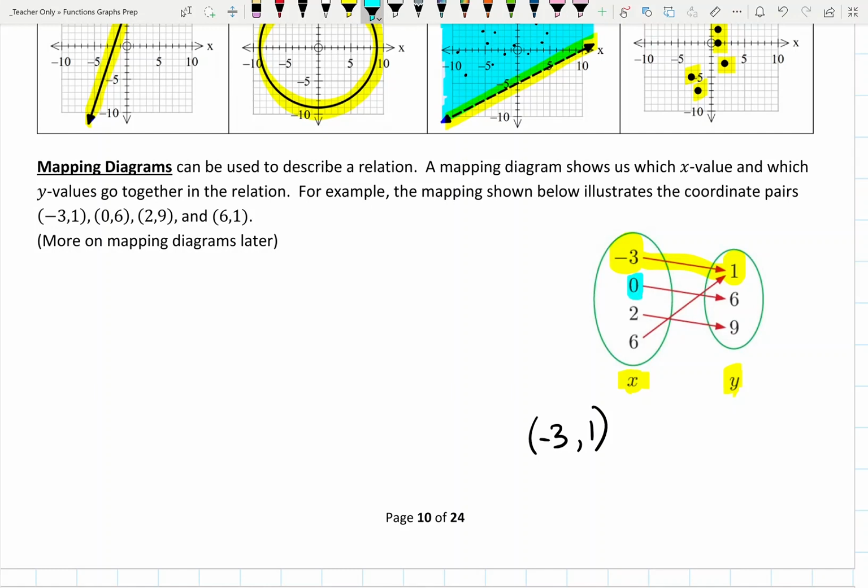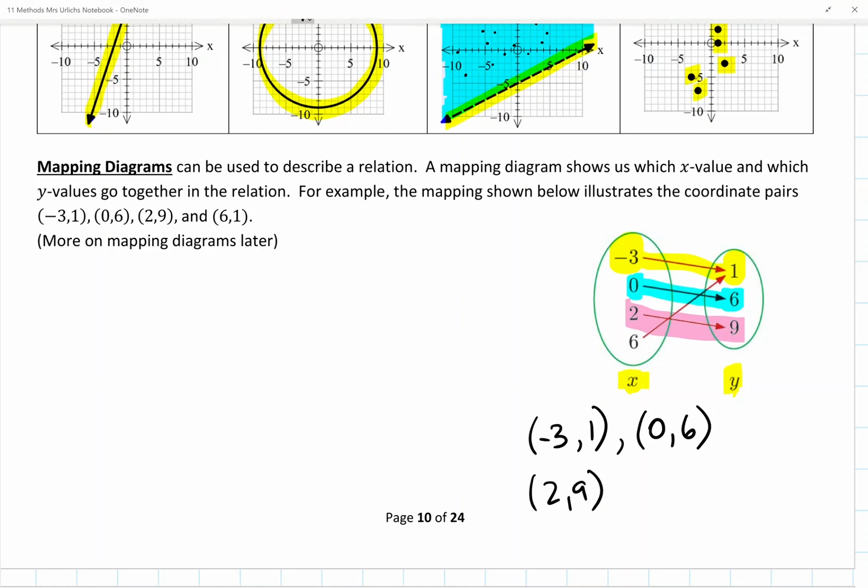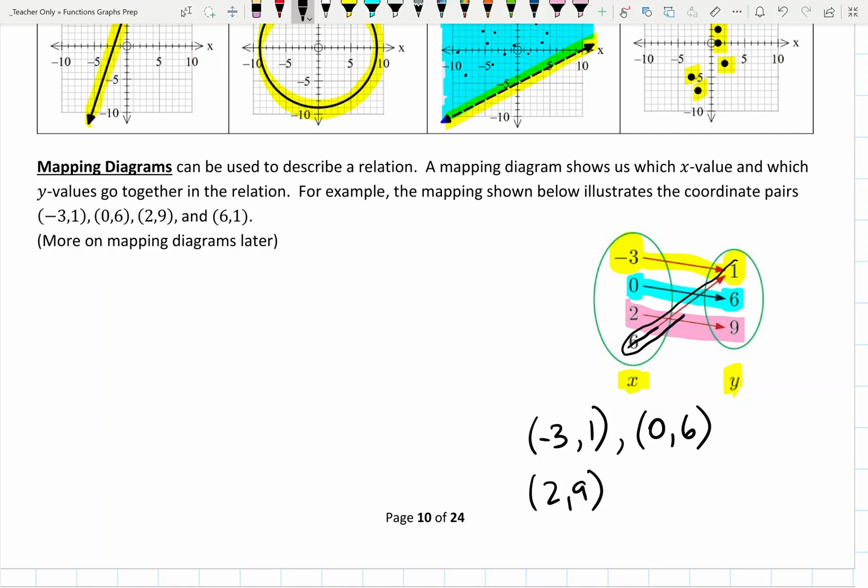Then we've got 0 connected with 6. So that tells us that 0, 6 is also a coordinate. We've got 2, 9. And we've got 6, whoops, I'll just put a circle around it. We've got 6, 1.